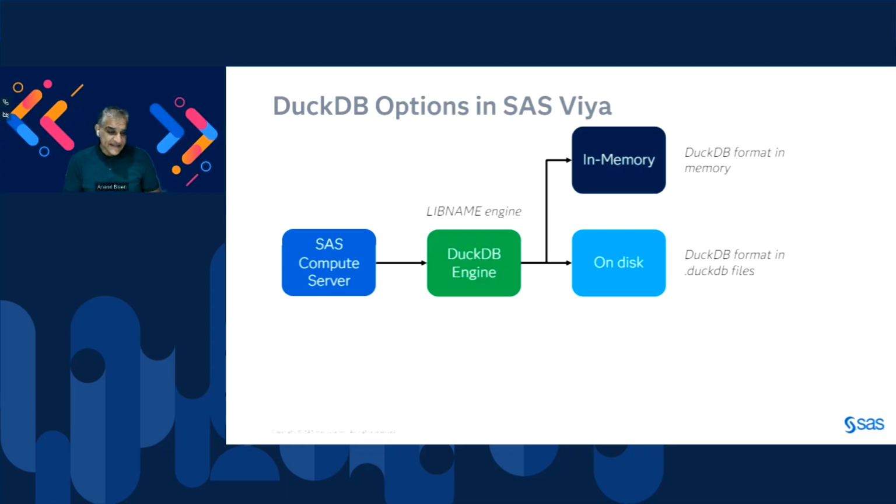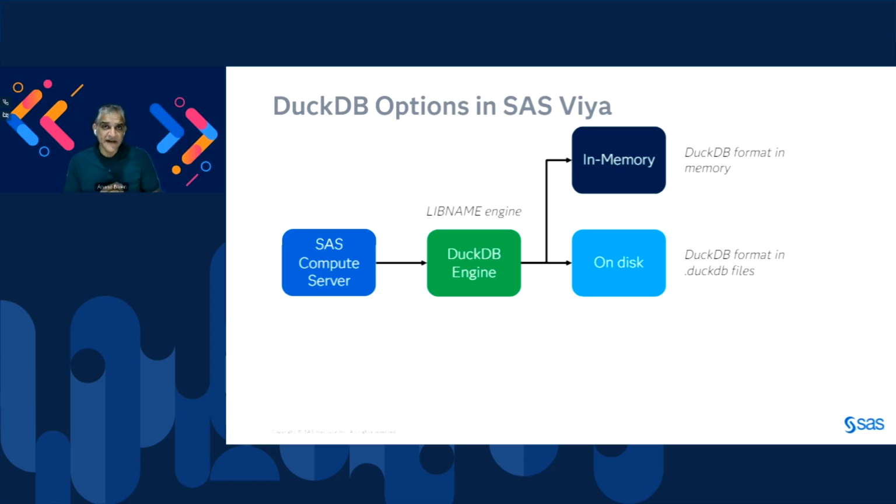The second target that DuckDB allows for is, again, a DuckDB format, but on a file system. And you can place that in any file on a file system. In this case, you can work on data sets that are much larger than the available memory on your compute session, because DuckDB works very well with in-memory as well as out of core, because it has a streaming engine where it does not have to load the entire data into memory before it can process your data.